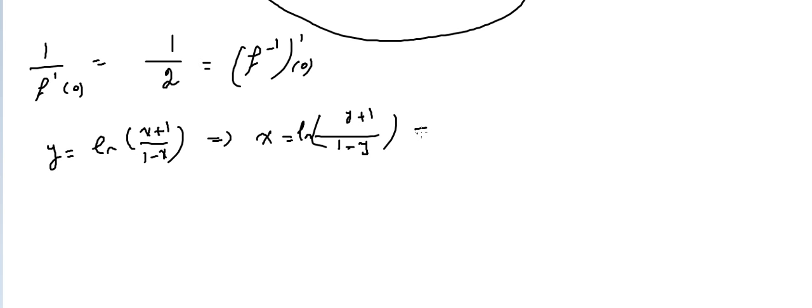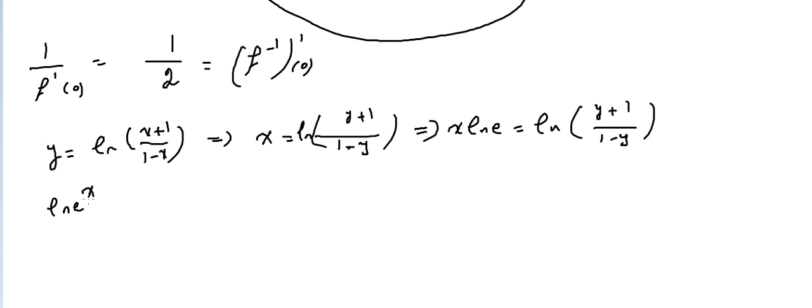And we try to find y. We multiply the x with ln e to change it to ln, because we have ln on this side, which is ln of y plus 1 over 1 minus y. And now it's ln e power x, equal to ln of y plus 1 over 1 minus y. Ln cancel. What is left is e power x.